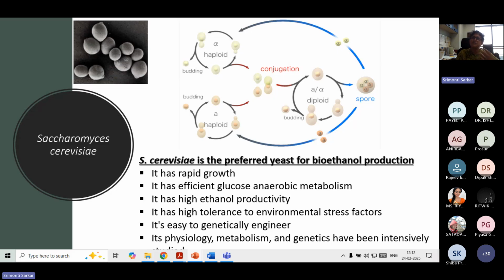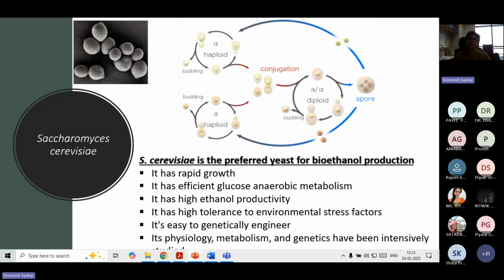So all the tools that are needed for genetic engineering, such as good vectors, having ways to delete genes, being able to do all kinds of genetic manipulations, being able to insert new genes into the genome of yeast, these tools have been developed very well over the past almost 80 years now.